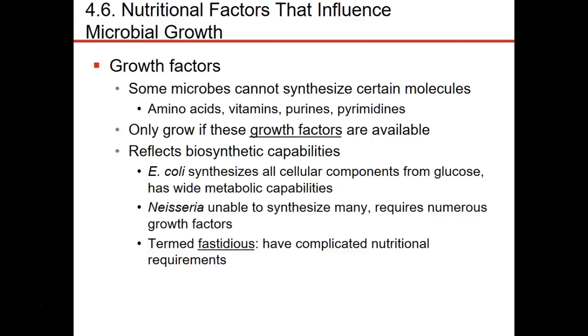Some microbes cannot synthesize some of those growth factors. And so they can only grow if we give those growth factors to them. Some microbes can synthesize all growth factors. So E. coli is able to synthesize everything and can grow really effectively in most all environments, so long as we're not putting any inhibitory agents in.